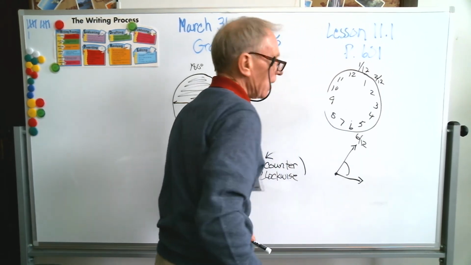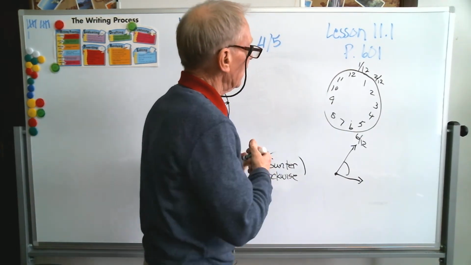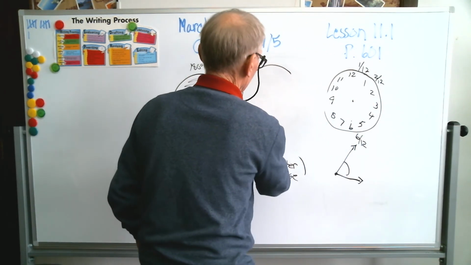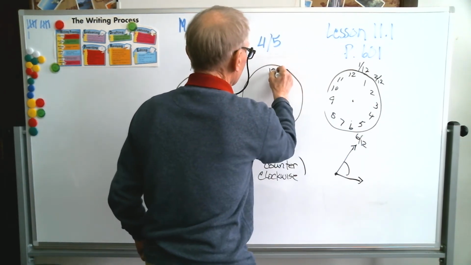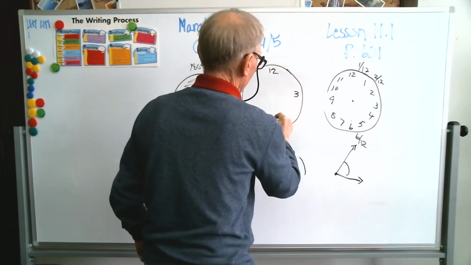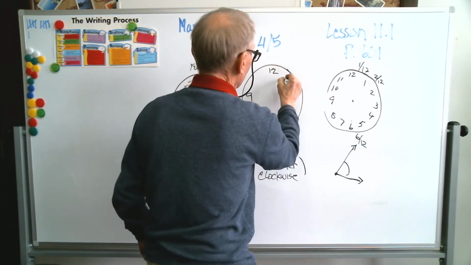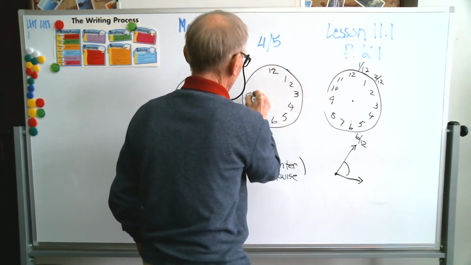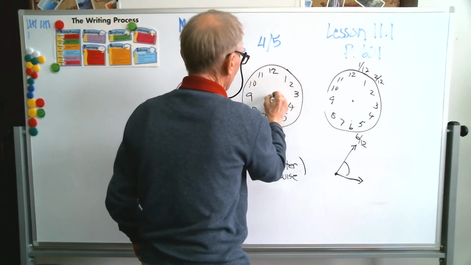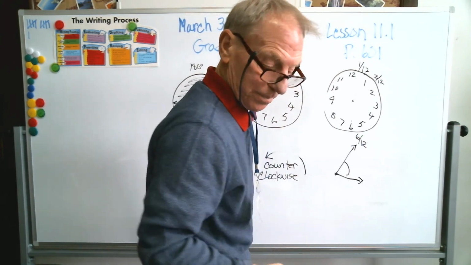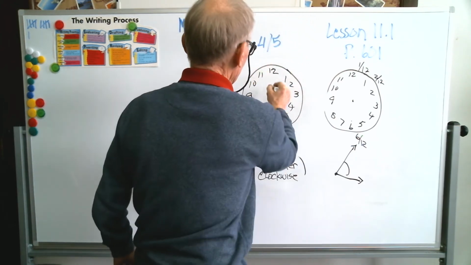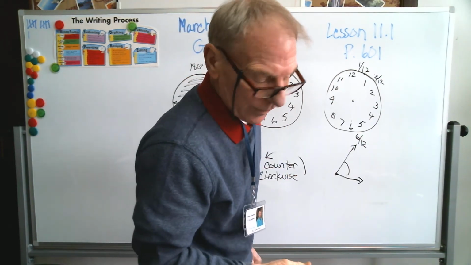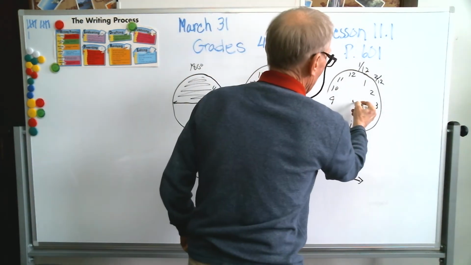So we've got 1 clock already, so let's draw another one. All right, we got 2 clocks, and it's showing 1 clock right there and this clock right here.